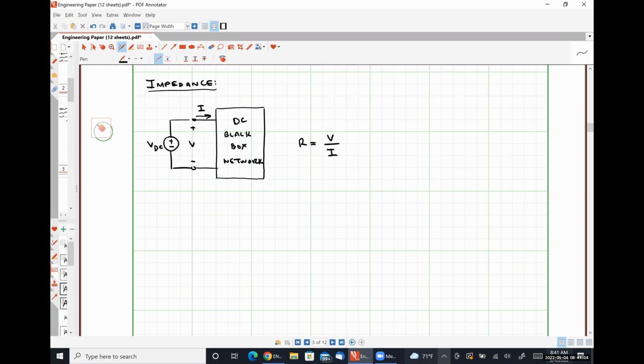I made you guys do an experiment to prove this as well on the second day of class. So impedance is the AC circuit equivalent.